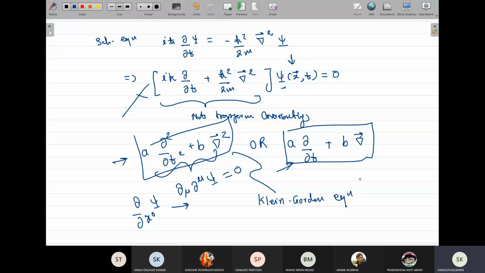And this gives us the celebrated Dirac equation. So this we will do in the next class. From the next class onward, we'll start our study of relativistic quantum mechanics.